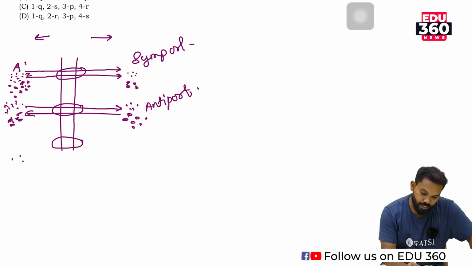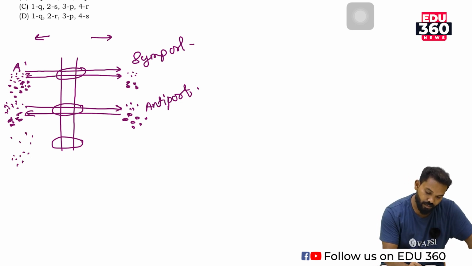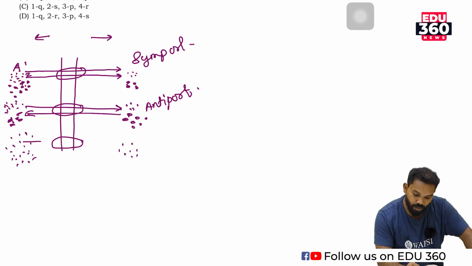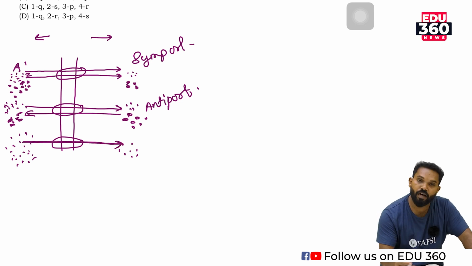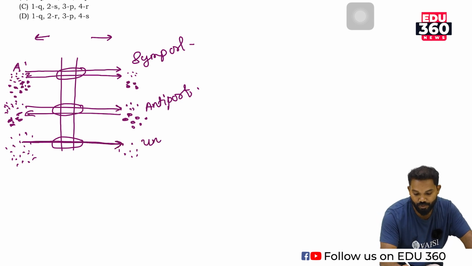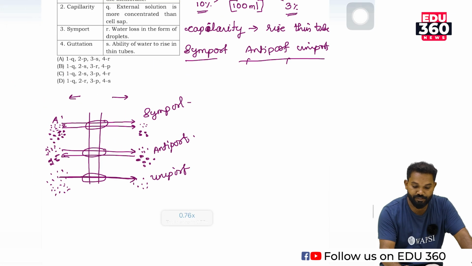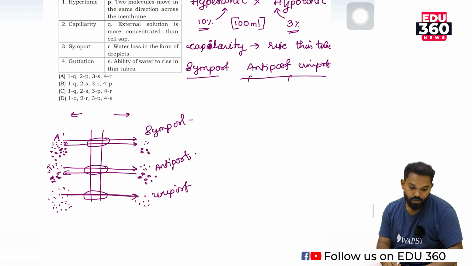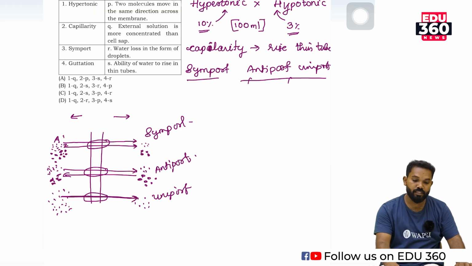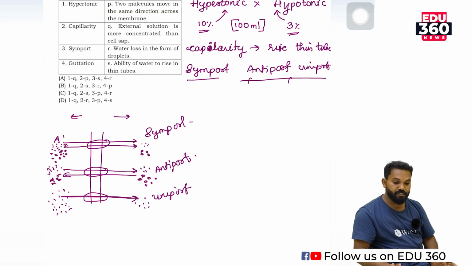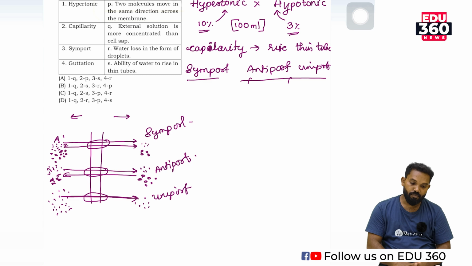And if one molecule moves without considering the concentration of other molecules, that is known as uniport. So symport means two molecules move in the same direction across the membrane.